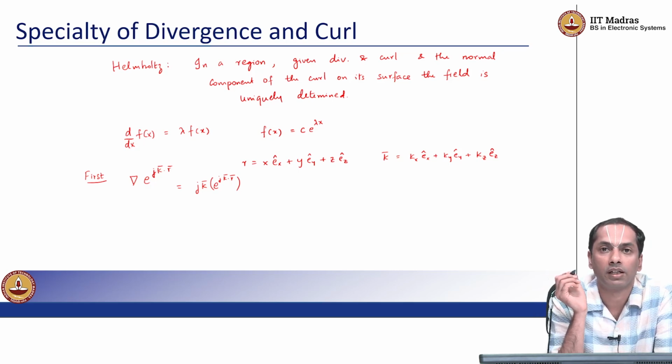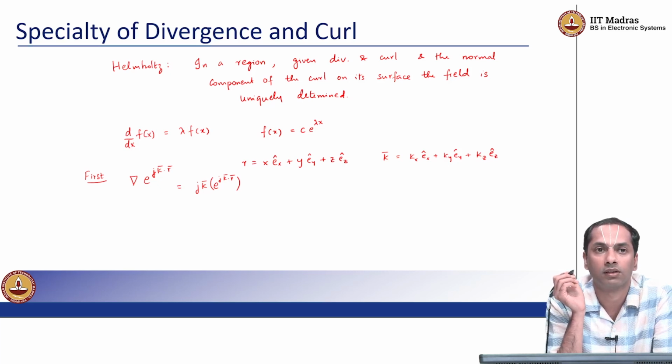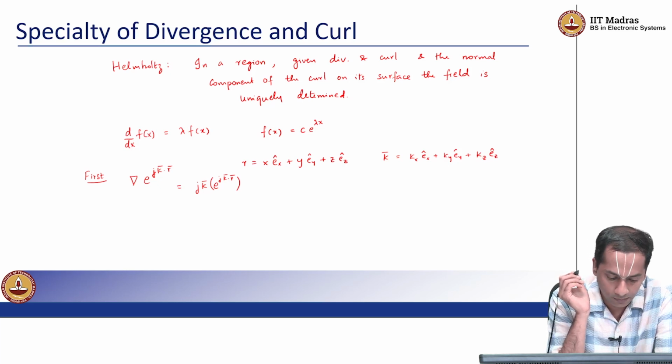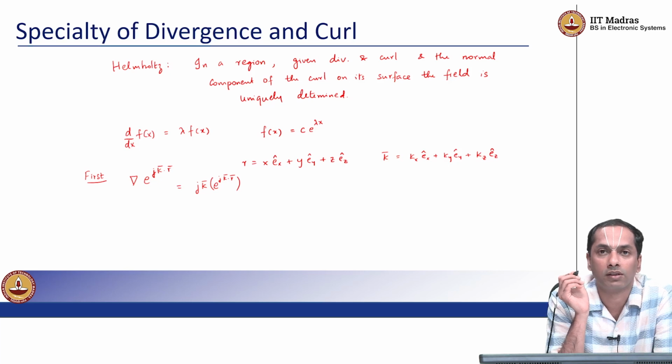That e to the j k dot r is an eigenfunction for the gradient operator. If you are still wondering how we got this, remember that del is dou by dou x times ex plus dou by dou y of ey plus dou by dou z of ez.